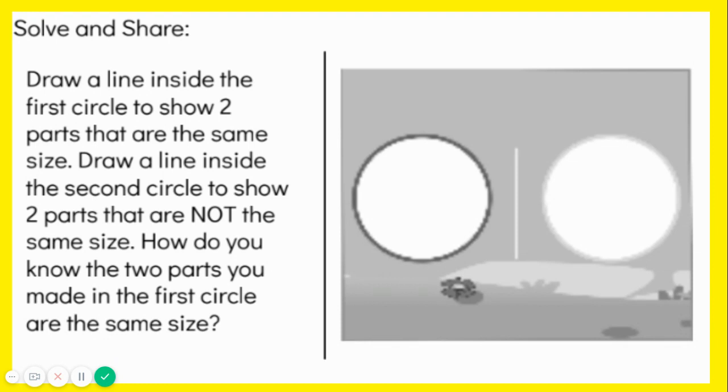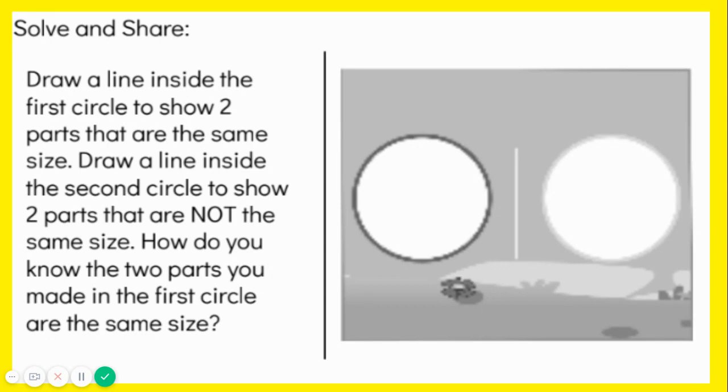I'll give you a couple of seconds if you want to get your pencil and a piece of paper. Draw yourself two circles. Draw a line in one circle showing two equal parts, and then in the other circle, draw another line that shows two unequal parts.